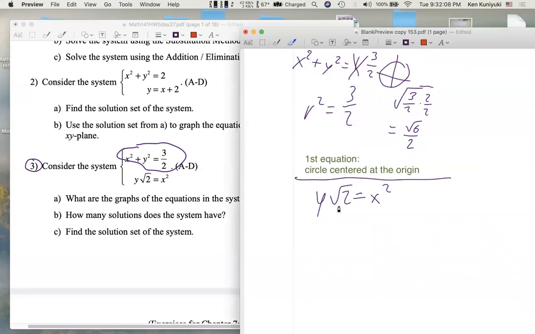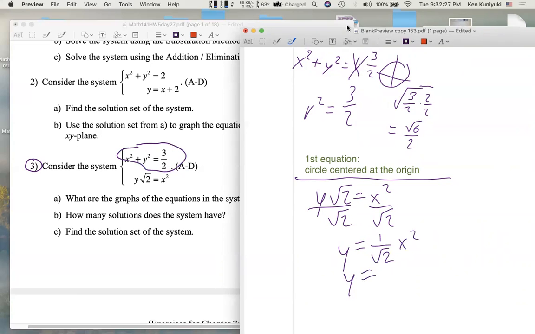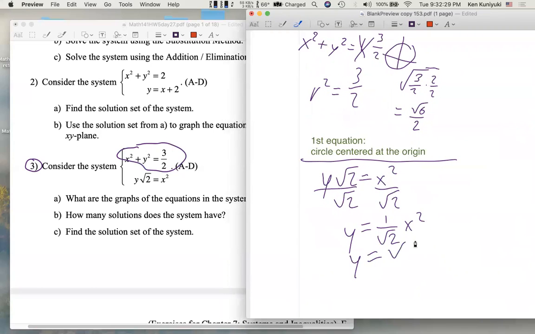It might be helpful to divide both sides by root 2, and you can think of it as y equals a coefficient, 1 over root 2, times x squared. If you wish to rationalize the denominator, y equals the square root of 2 over 2 times x squared. Bottom line is y equals a positive real number times x squared.